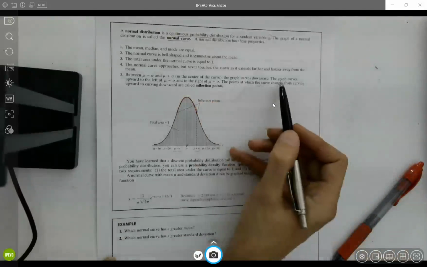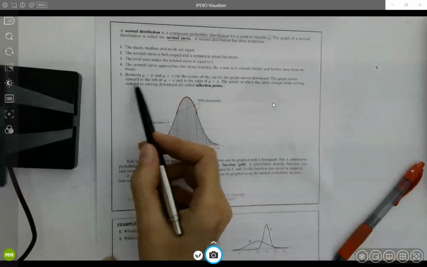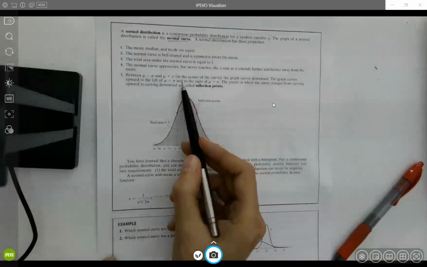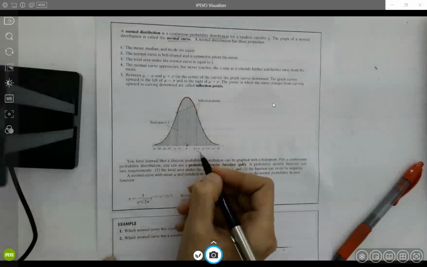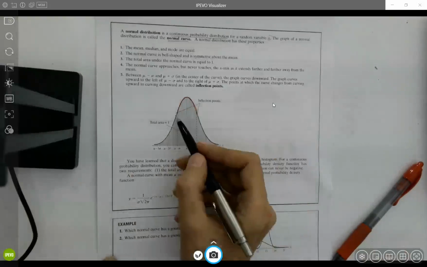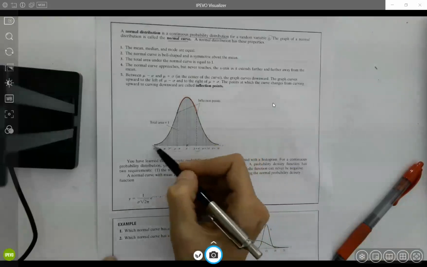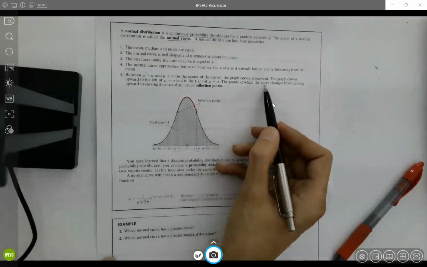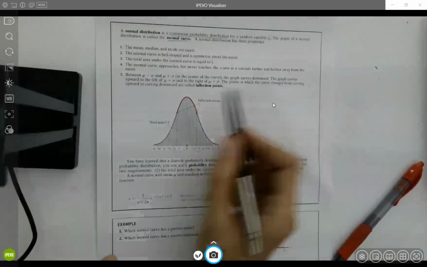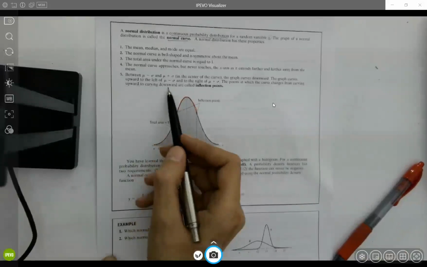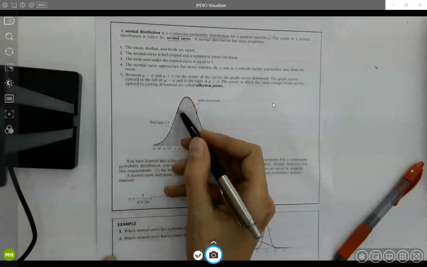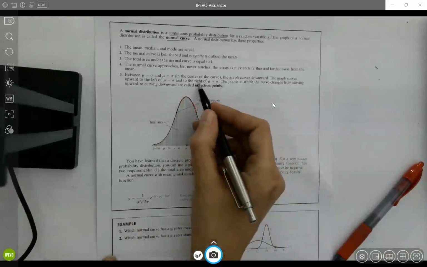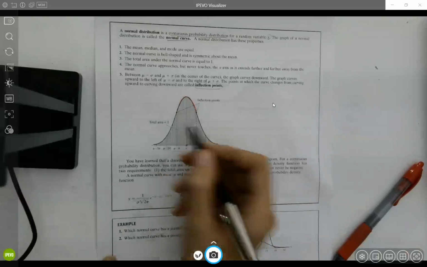The graph curves upward to the left of mu minus standard deviation, and to the right of mu plus standard deviation. Graph opens up. The points at which the curve changes from curving upward to curving downward are called inflection points. Very well.